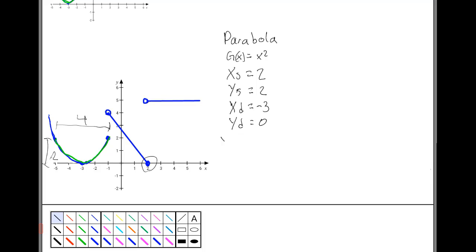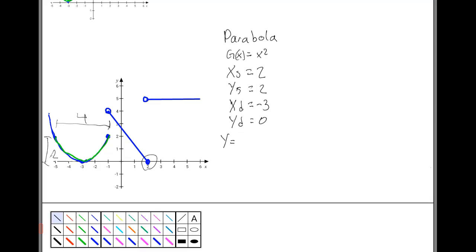Now we can use the formula that says y equals the y size, that is 2, times 1 over the x size, times x minus the x displacement, so minus negative 3 is plus 3, and all of this squared, because we are using x squared, and plus b, so it's plus 0, so we leave it like that. We can make the simplification.